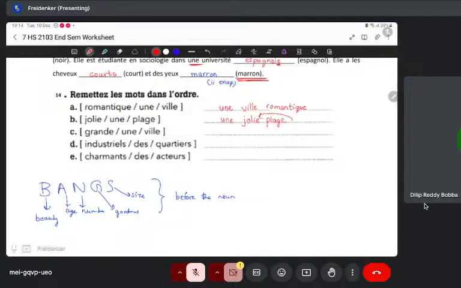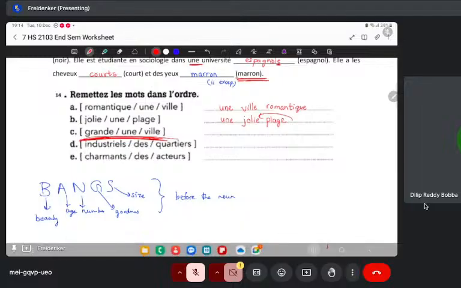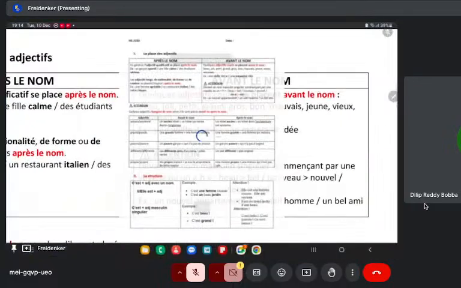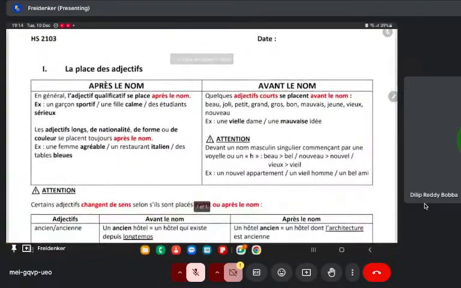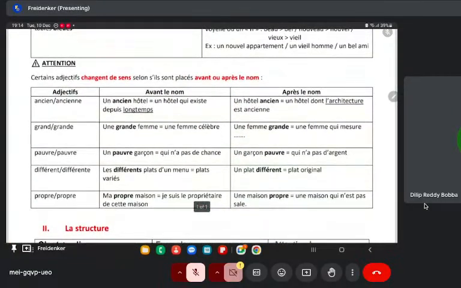I can't say the city is tall, right? Because if I place grand after the noun, it means maybe tall or great, big. So I think it will come afterwards. Let me verify.